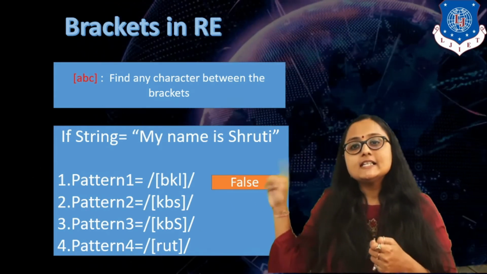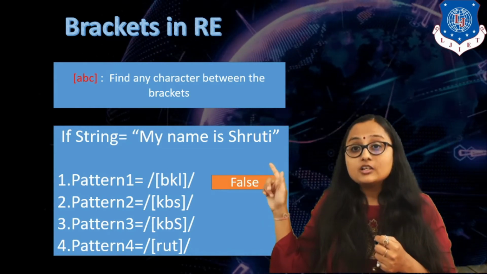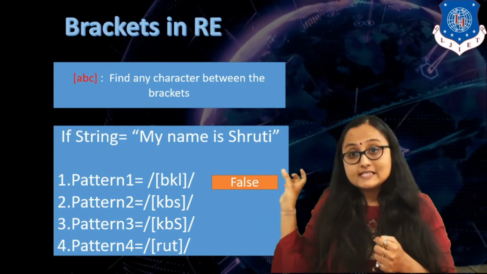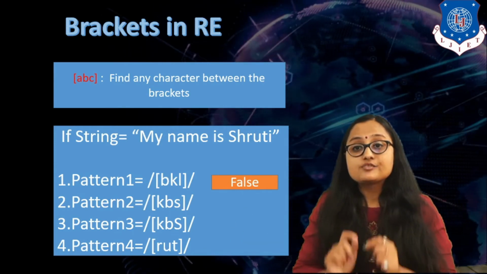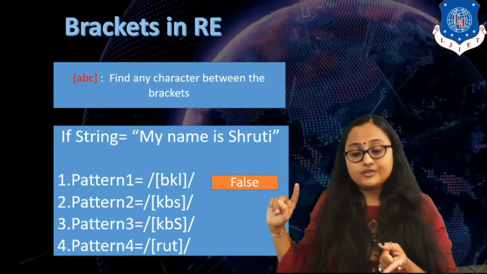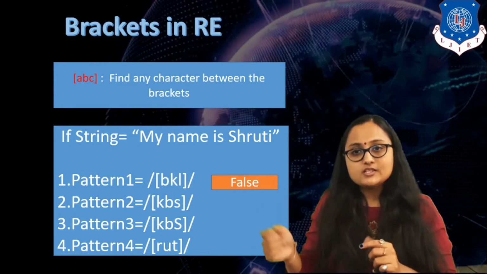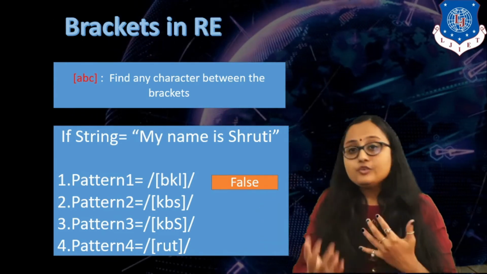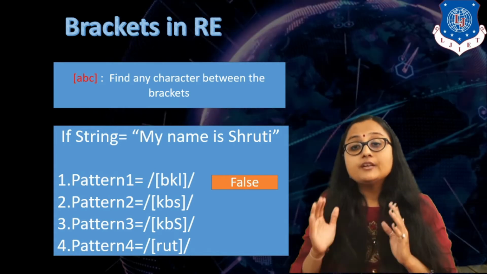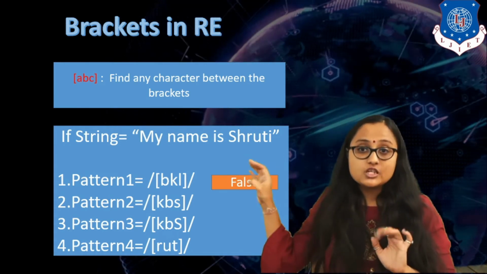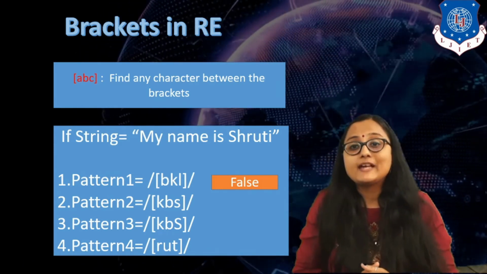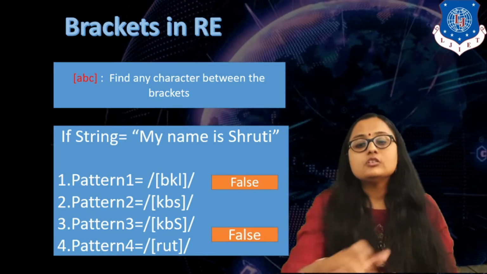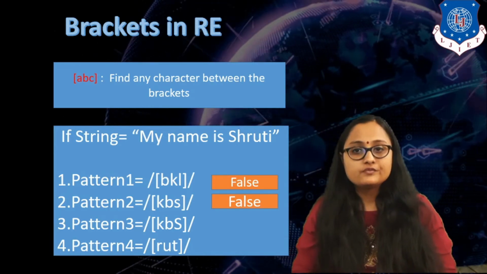In the string the letter S for Shruti is capital, whereas inside the pattern the letter S is small. So there is a case difference, and if you have not used the modifier I, it means that my string is not valid according to this pattern, although it consists of the character S. So the test method will return which value?